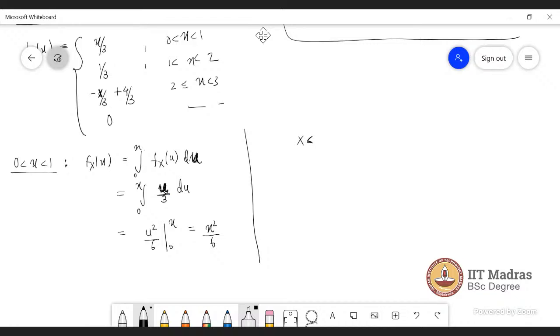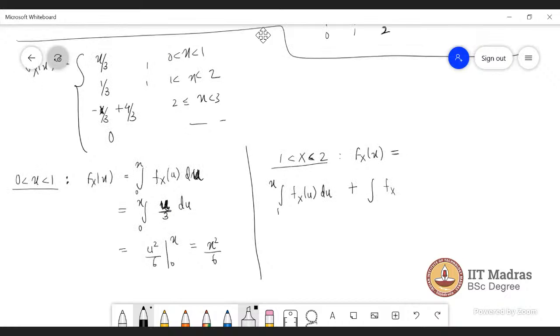So Fx of x is going to be the integral of fx of u du from 1 to x, plus the previous one.